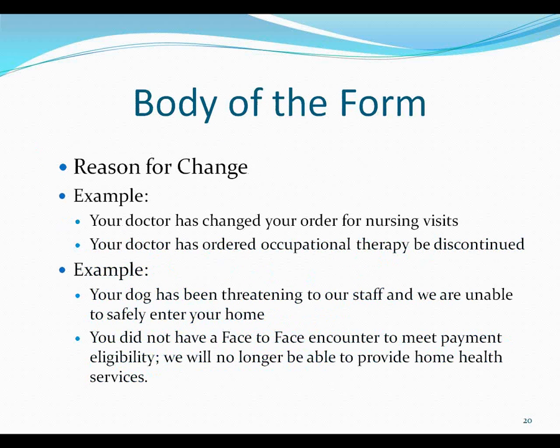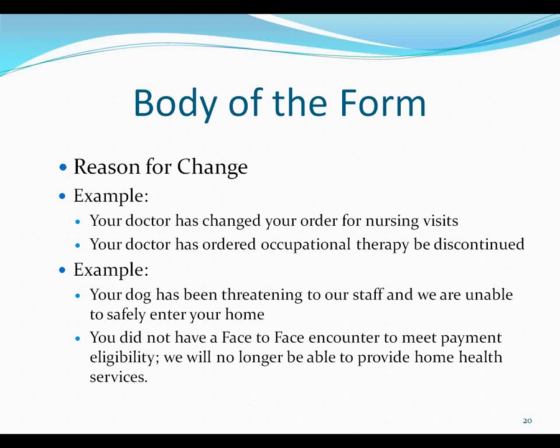The next section on the right, the reason for change, you have to give the patient the reason that you're changing. So some examples would be your doctor has changed your order for nursing, your doctor has ordered occupational therapy be discontinued. For reasons that are the home health agency's reasons, it could be that your dog has been threatening our staff and we are unable to safely enter your home.